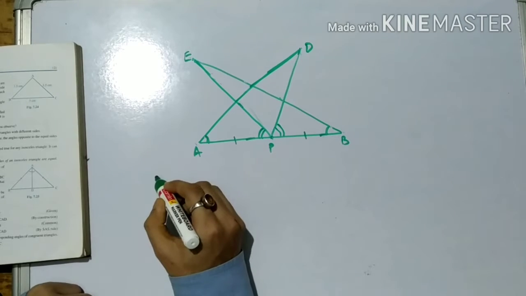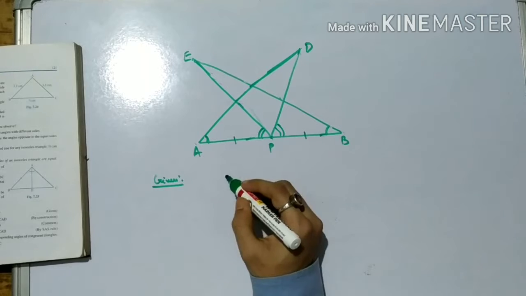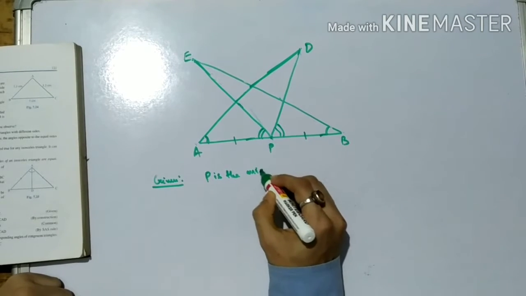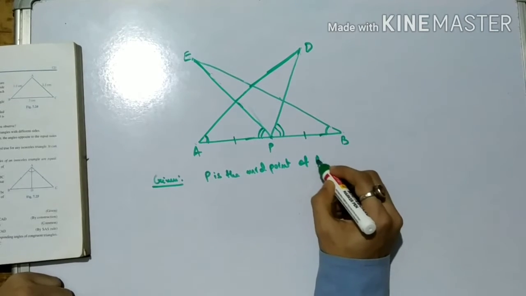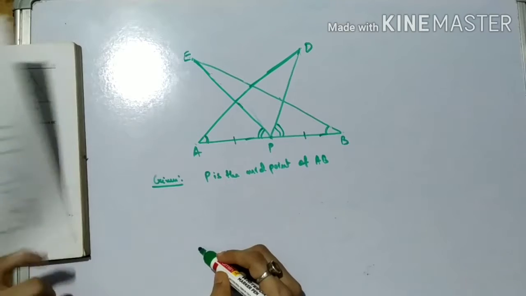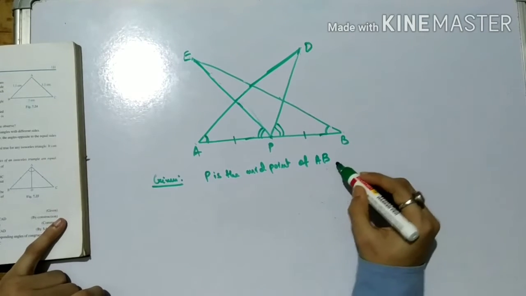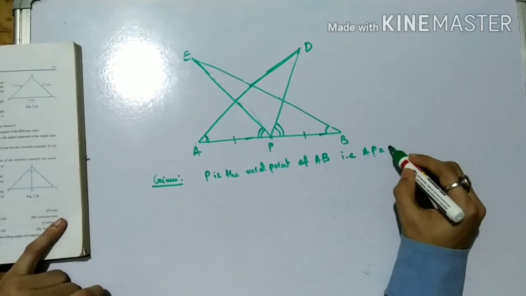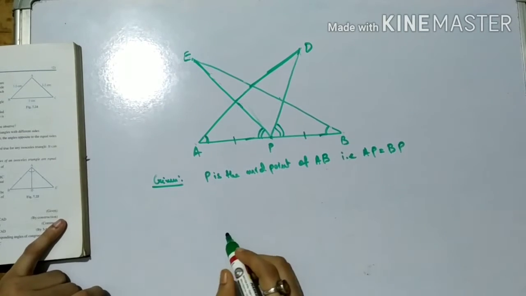So first of all, I will write what is given. Given that P is the midpoint of AB. That is, I can write AP is equal to BP.